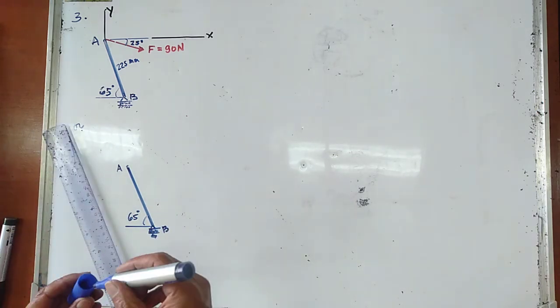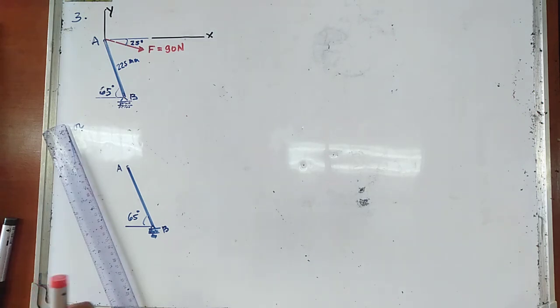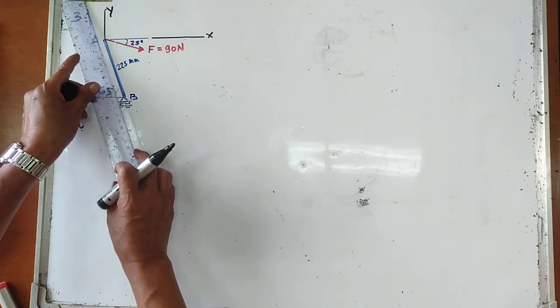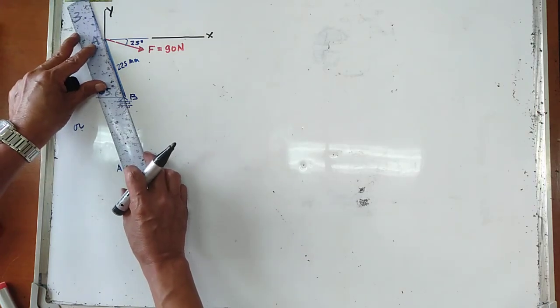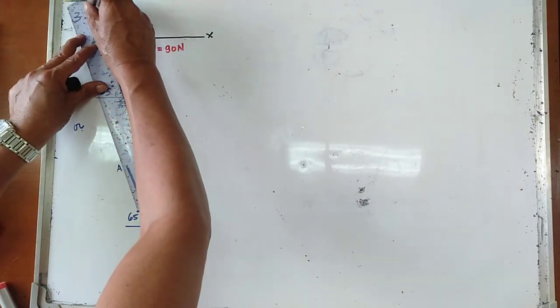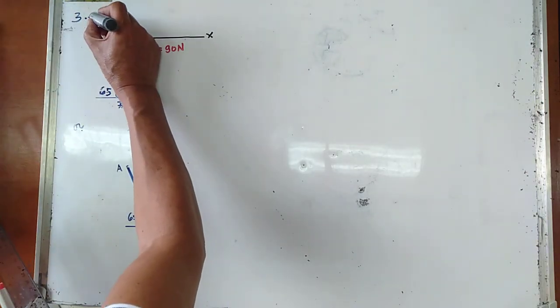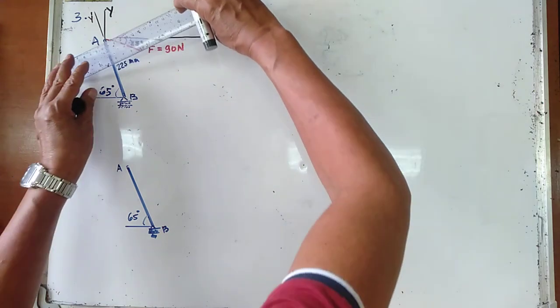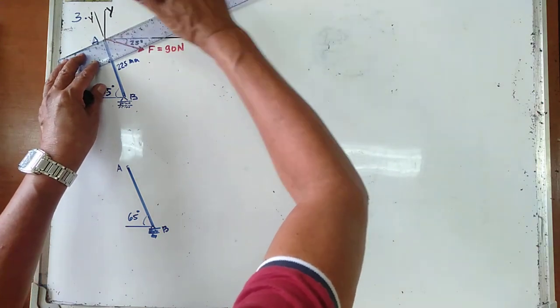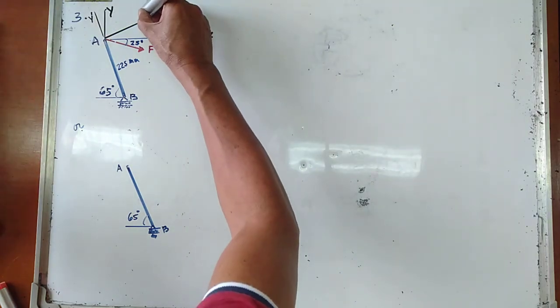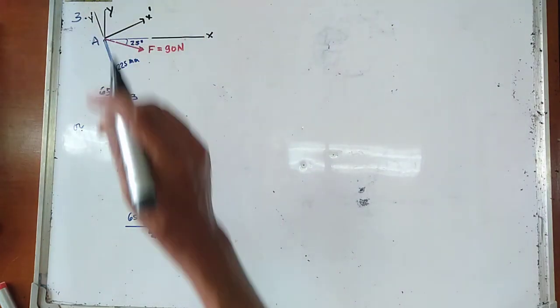I'm going to rotate. If I consider that this is the x-axis, this is our x prime. So I'm just going to get the x prime axis, that is your y prime, and then perpendicular to y prime is x prime.